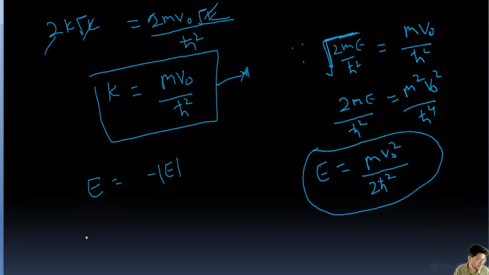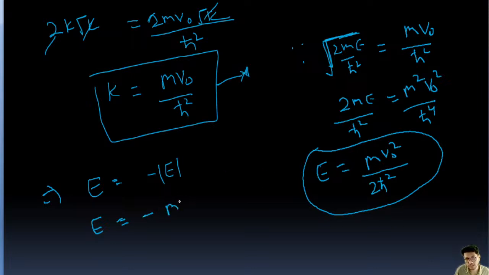Okay, this is the value of e. So now we'll find out the value of e. Therefore we know e equal to minus mod e. This is the value of e for Dirac delta potential. The energy is going to be minus mod e, and mod e value is this.